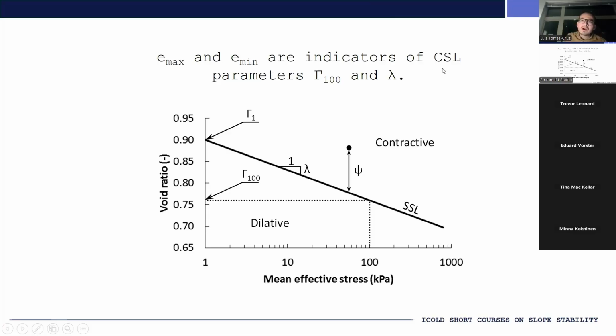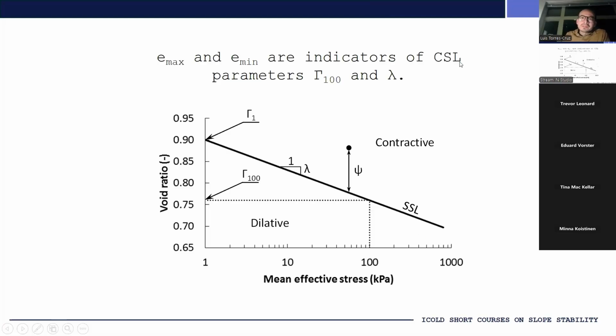Now, coming on to the critical state line, which I am showing here in this figure. By the way, notice that over here I refer to it as the critical state line. Over here I'm using the abbreviation SSL, which stands for steady state line, because I am treating those two terms as interchangeable here. So I hope that's not confusing anyone.